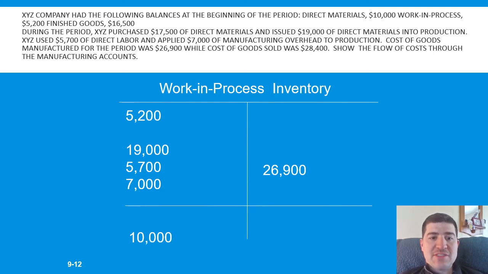We used $5,700 of direct labor, so that has to be debited in. And we have $7,000 of manufacturing overhead. All of those things are costs that have to be applied. If you were thinking of it from an expense standpoint, you would credit those, and so therefore you have to debit them here.